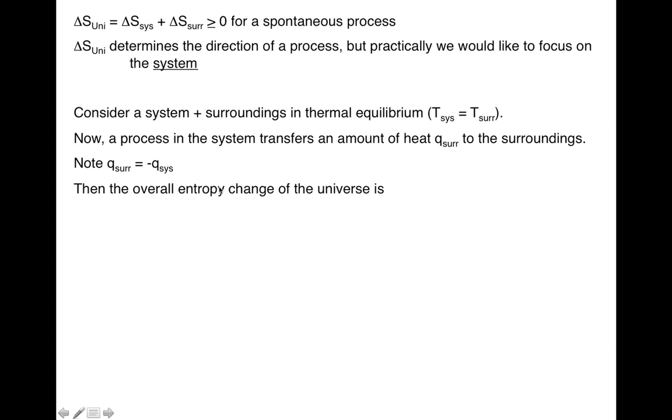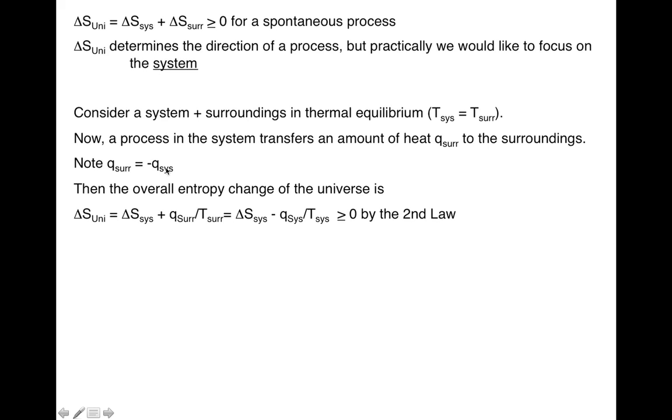That means that the overall entropy change of the universe you can now write as the change in entropy of the system, and now we'll use our thermodynamic definition of entropy, plus Q surroundings divided by the temperature of the surroundings.